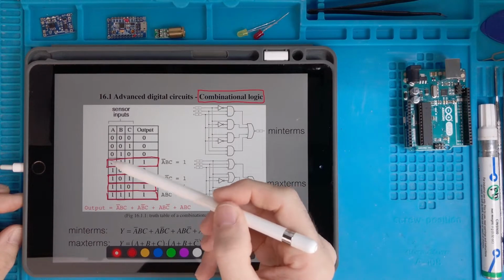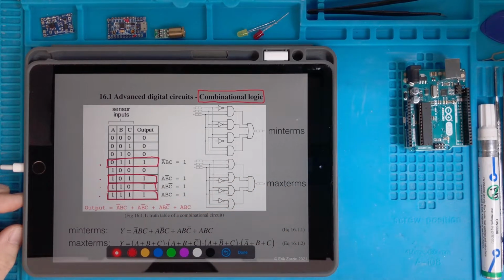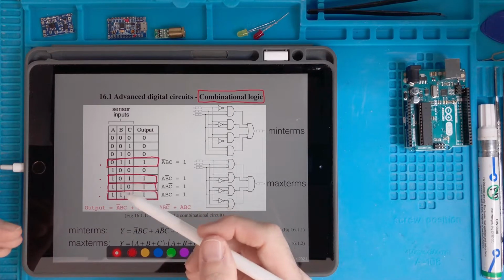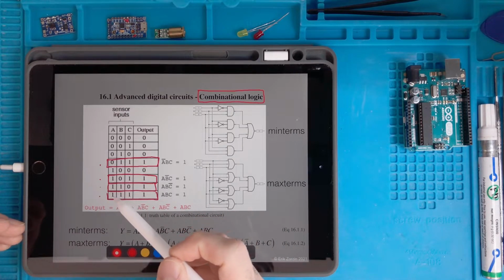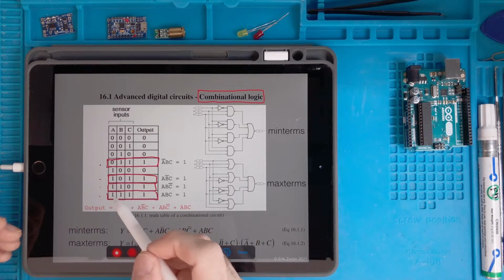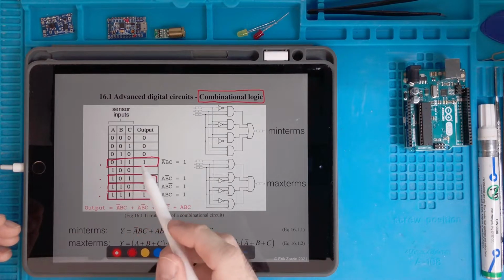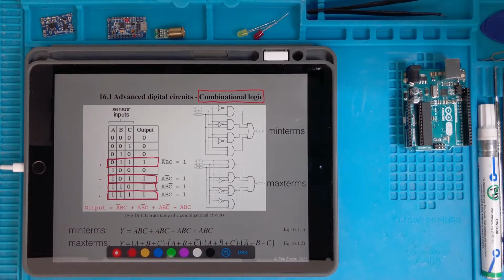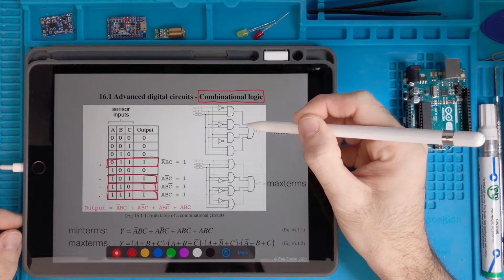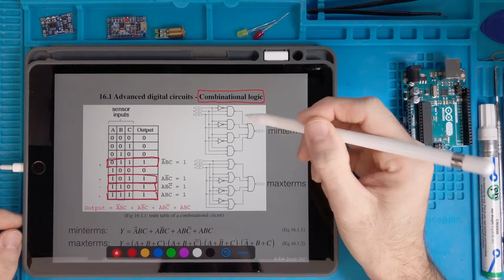Whatever among those four patterns is present, one or the other, it cannot be simultaneous, because you cannot have a value that is simultaneously 0 and 1. But this or this or this or this is good for us to make a 1. So it means that we need a sort of OR operation between something in order to make a 1 at the output. And this OR operation is represented by this OR gate.